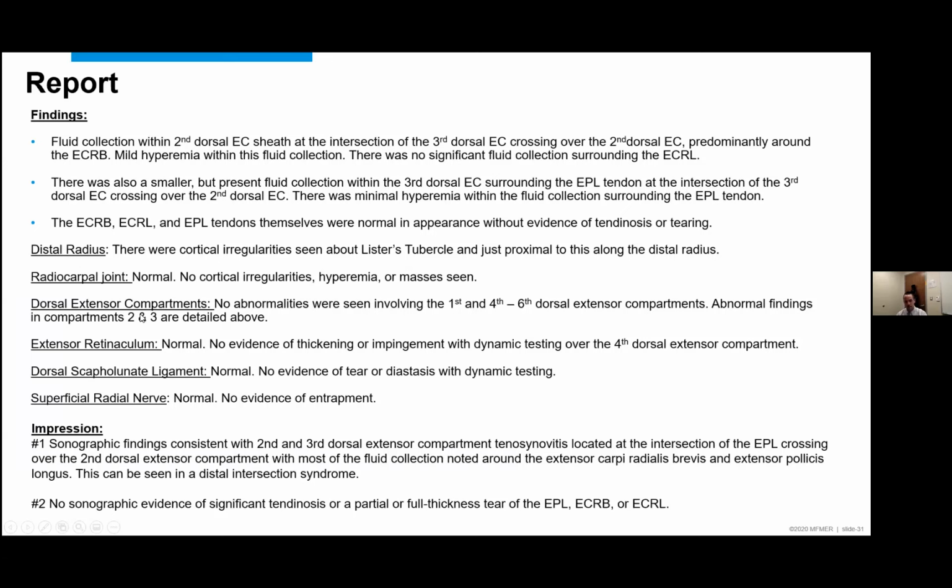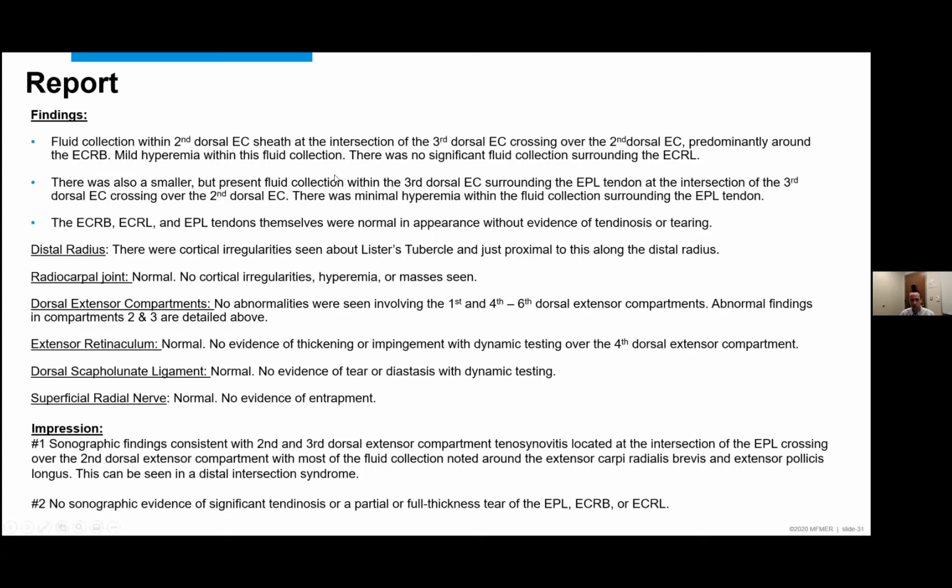If you're doing the complete scan, for the normal things you can just have them templated as normal, as long as you're doing the same thing every time. And I just put the abnormal things up top and type those in. I know we've gone over this, but the abnormal findings in our patient were that fluid collection within the second dorsal extensor compartment sheath at that intersection where the third crosses over the second extensor compartment.